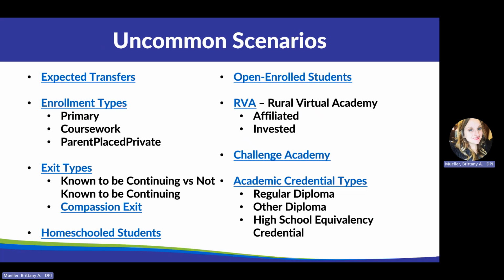Those are students that are terminally ill, students that are abducted and presumed dead, and students that were removed by ICE. Unfortunately, those are situations that we hope to never experience, but we do. We understand that that is not within a student's or a district's control, so we don't want you to be negatively impacted by any of those 3 scenarios. So we have a compassion exit for that reason.